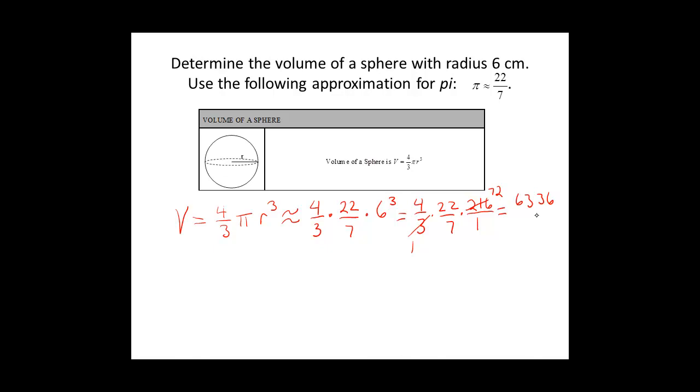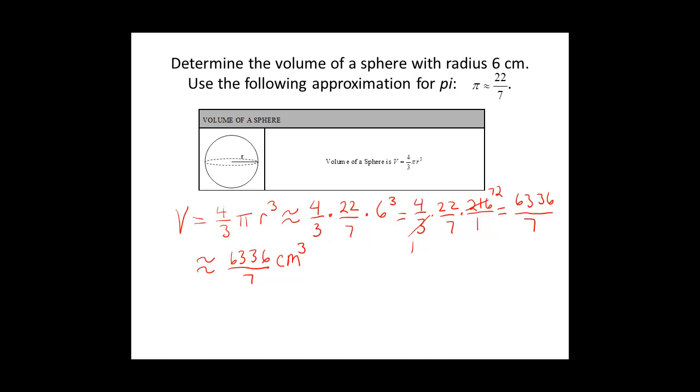Forwards and backwards, that number is the same thing. 1 times 7 times 1 is 7. So our approximate volume is 6,336/7, and our units are centimeters. So we have a volume with cubed centimeters, or centimeters cubed.